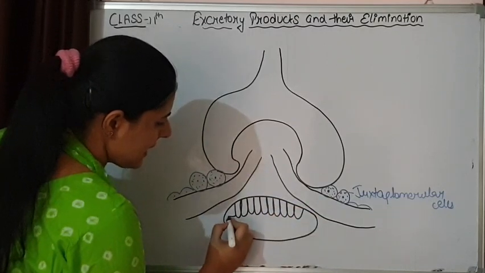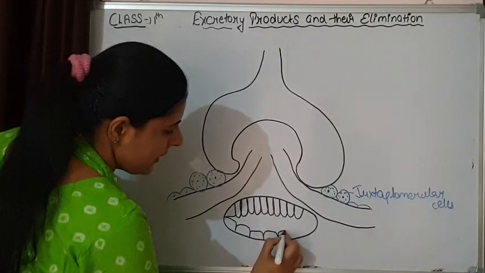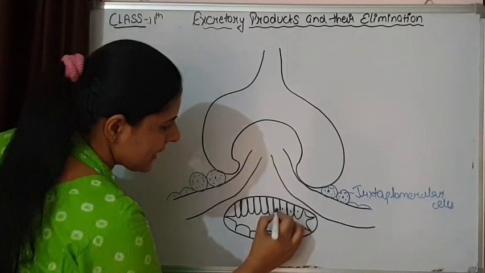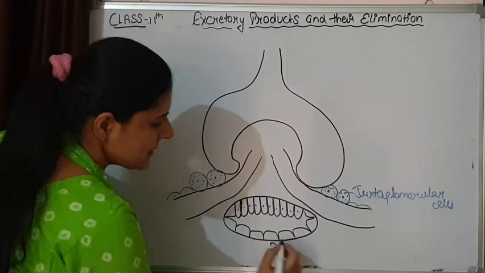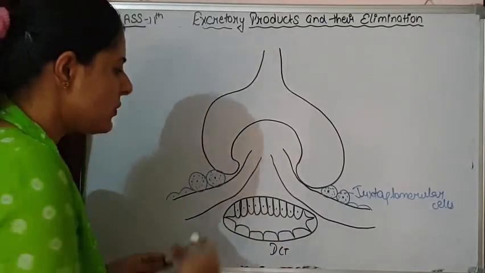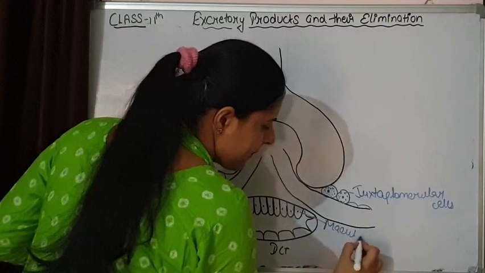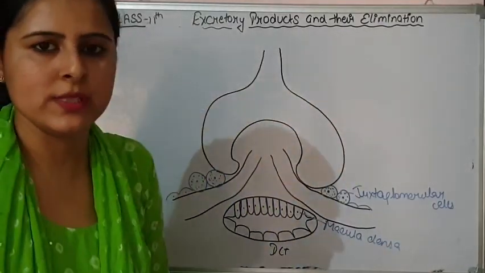The rest of the cells are again cuboidal and less dense. The part of DCT that is coming in contact, these cells are now known as macula densa, which act as a chemoreceptor.